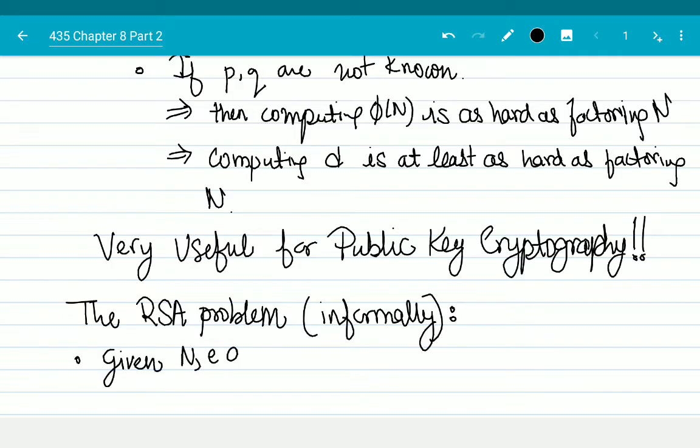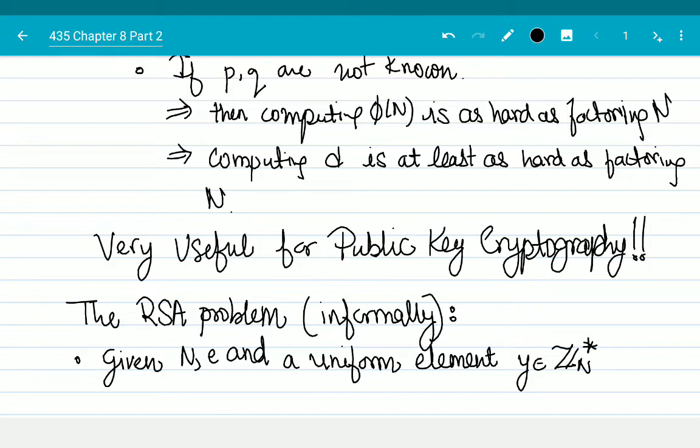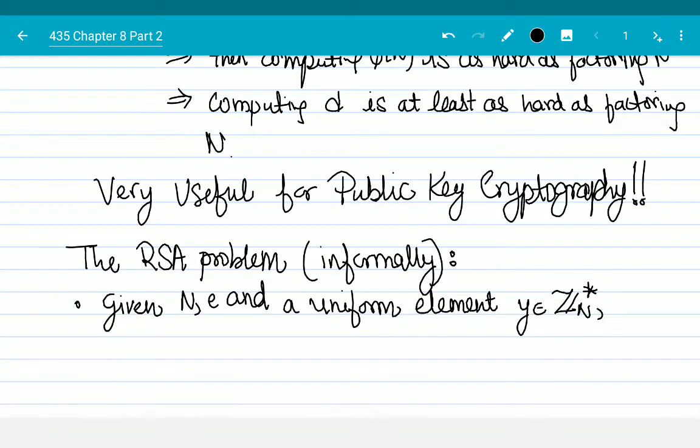Given N, e and a uniform element y in Zn star, compute the eth root of y.